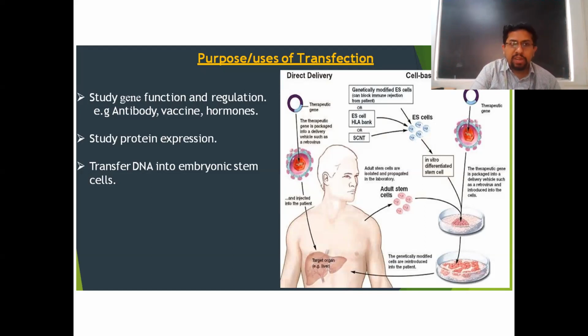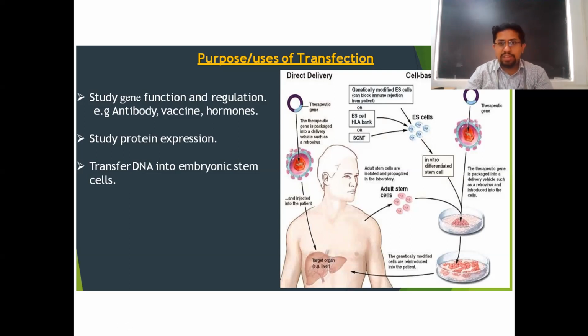So you deliver this gene into the target cell within in vitro conditions, allow the cells to divide for some generations, and put the cell back into the organ from which it was taken. Then when the cells start dividing in vivo, that is within the organism, the target organ resumes its normal function.